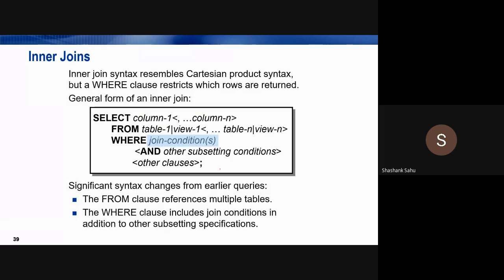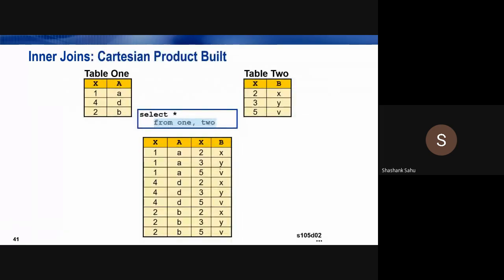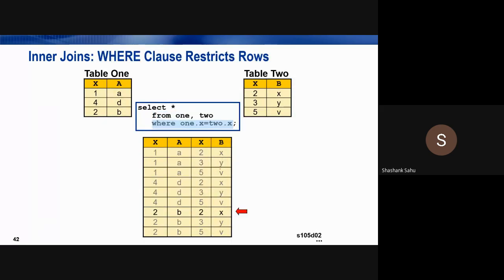So look at select star from one and two. Inner join means we need to take the matching rows from both tables. So which is matching here? One table is this, and the second table is mentioned here. Which data is matching?